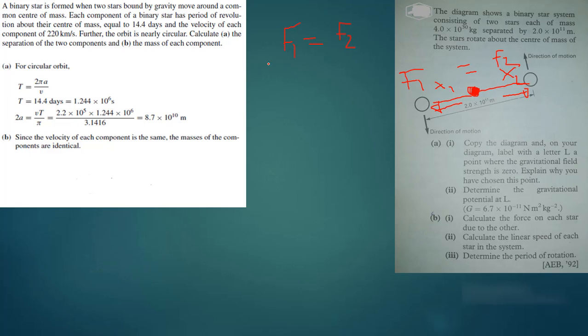it means g. Remember I told you that when we talk about gravitational issues, we use, as usual, the distance between the two bodies, but when we talk about circular motion, we use the distance between the body and the center of mass.